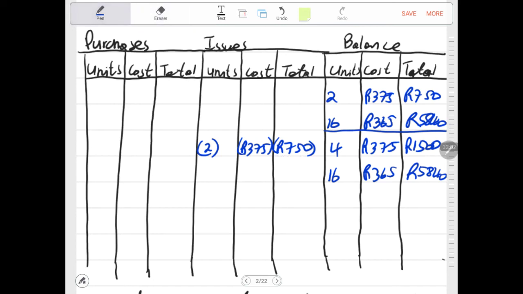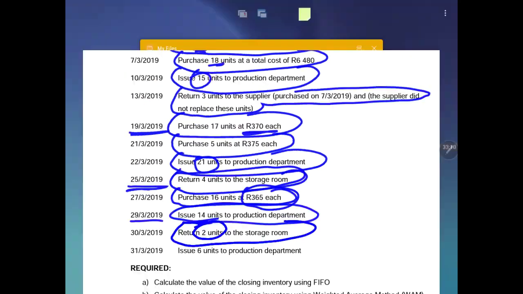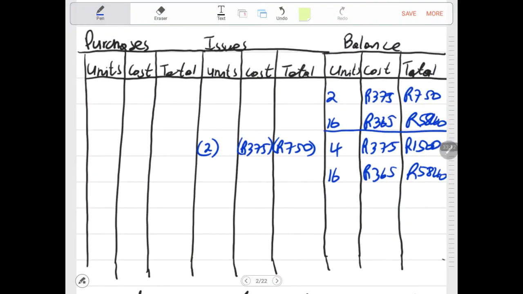So that's the only small adjustment that we're making. Now we have returned 2 back to the storage, and we recorded that. Now that we have returned that back to the storage and we have adjusted our inventory accordingly, 2 plus 2 gave us 4, and the other inventory still remains unchanged.